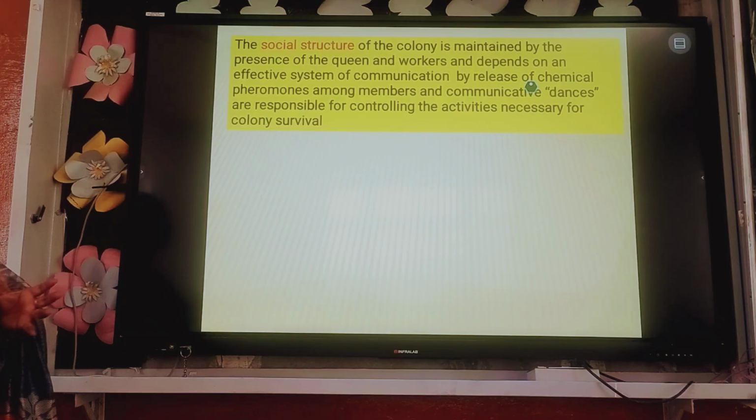So mainly the terms are social structure or social organization. This is a colony that is maintained by the presence of the queen and workers and depends on an effective system of communication.